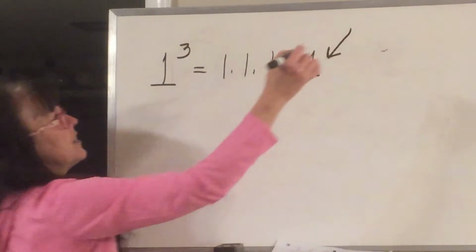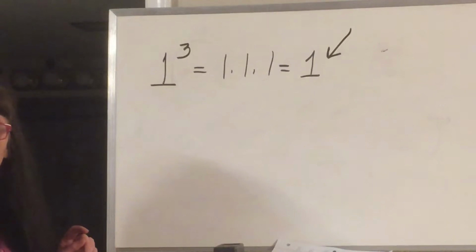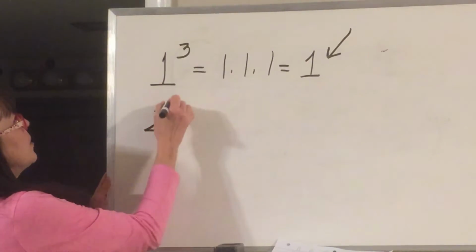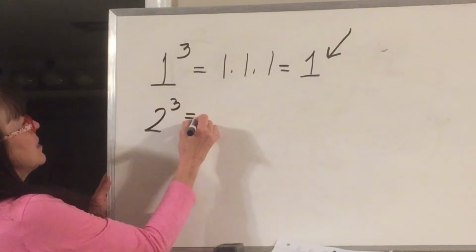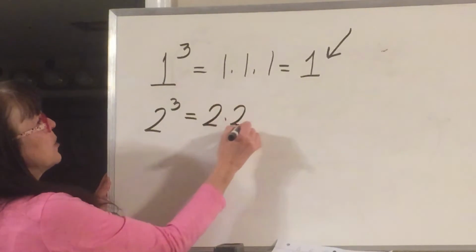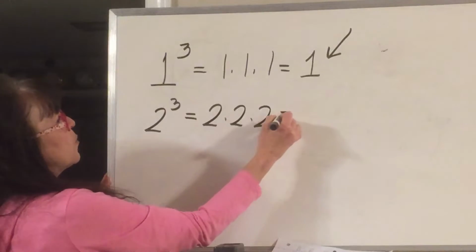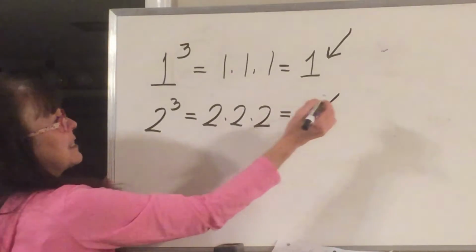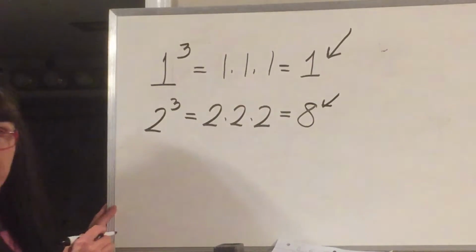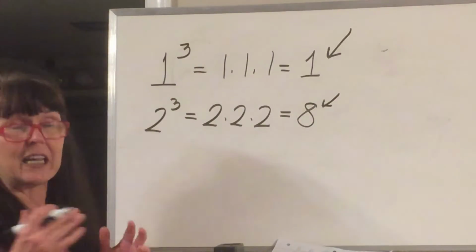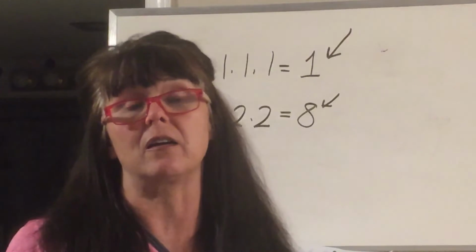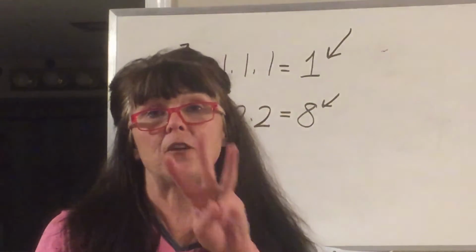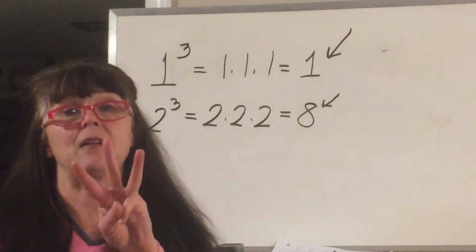So 1 is the first perfect cube number. Okay, let's keep going. So 2 to the third power is 2 times 2 times 2, which is 8. So 8 is a perfect cube number. They're kind of like a cousin to the perfect square. Perfect square, you write it down 2 times. A perfect cube, you're going to write it down 3 times and multiply.